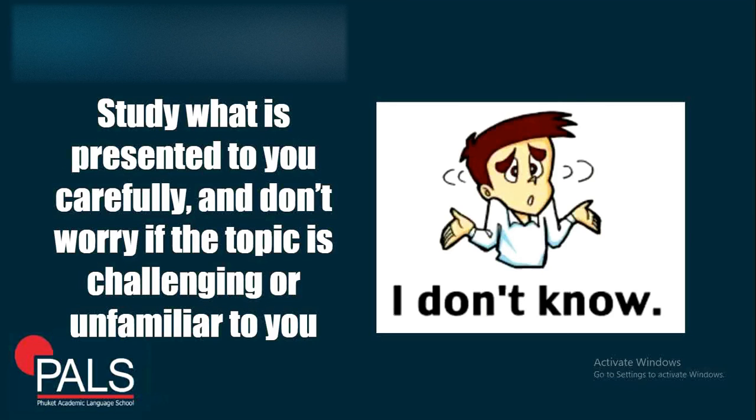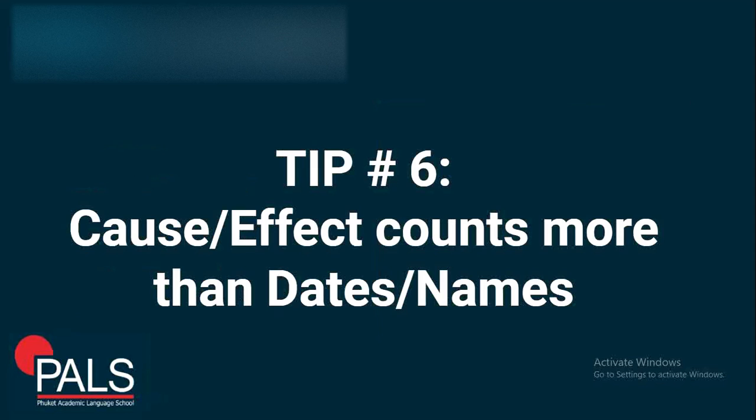Okay. And lastly, and I think the most important tip is cause and effect counts more than dates and names. One myth about social studies is that, oh, I have to be familiar about the dates and the names of this particular place or the names of this person.